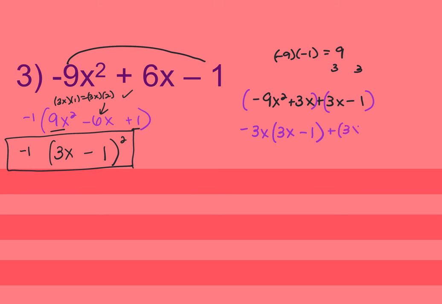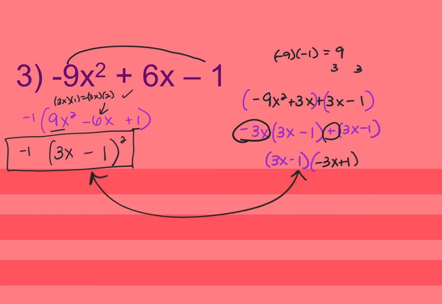Second set of parentheses already has the 3x minus 1. So I'd take out that 3x minus 1, and I'd group together a negative 3x and a positive 1. So these are actually the same thing because I can take out a negative 1 on the right-hand side. And both of those would be fine as an answer.